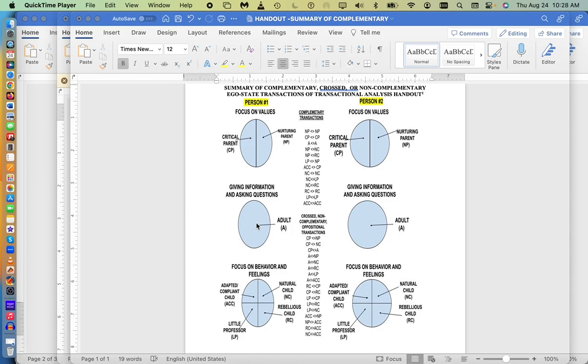The adult might say, aren't there exceptions for permitting abortion, such as in the case of rape or incest? Nurturing parent. I believe having an abortion should be legal, as determined by Roe versus Wade. It should be a decision between the woman and her doctor.